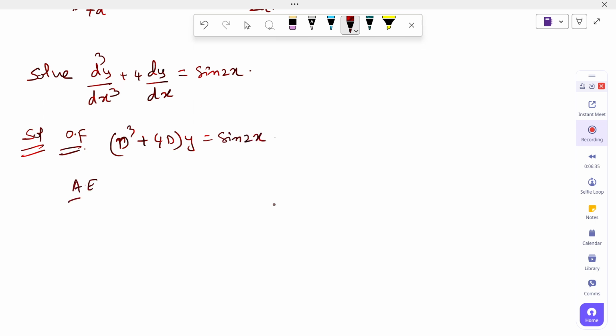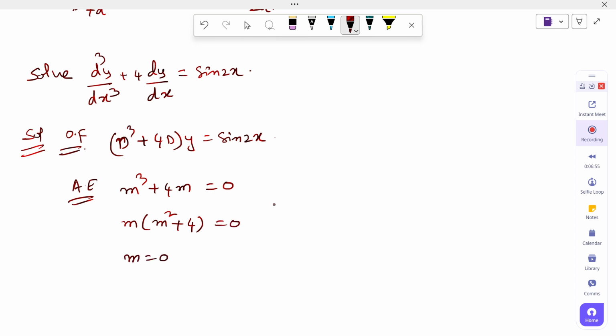Now the auxiliary equation: m cube plus 4m is equal to 0. From these two terms we can take m as common. m of (m square plus 4) is equal to 0.